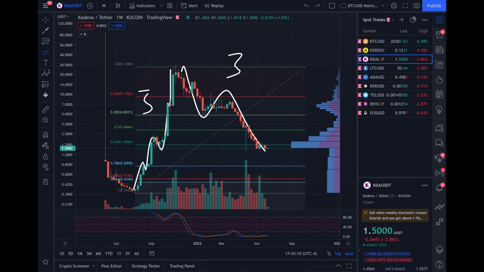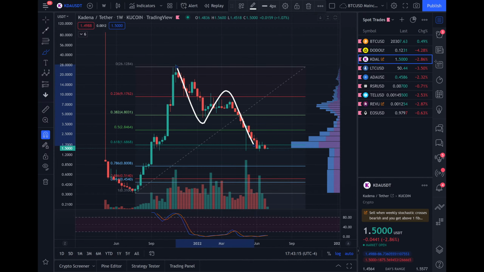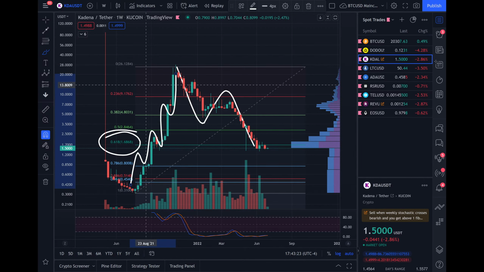But I do know, generally speaking, that this correction is going to respect my 618, because this is very clear to me an impulse, and it's likely a wave 1, and again my wave 2 correction. Remember when this was going up? I don't know if you guys remember, but Cardano was pumping.